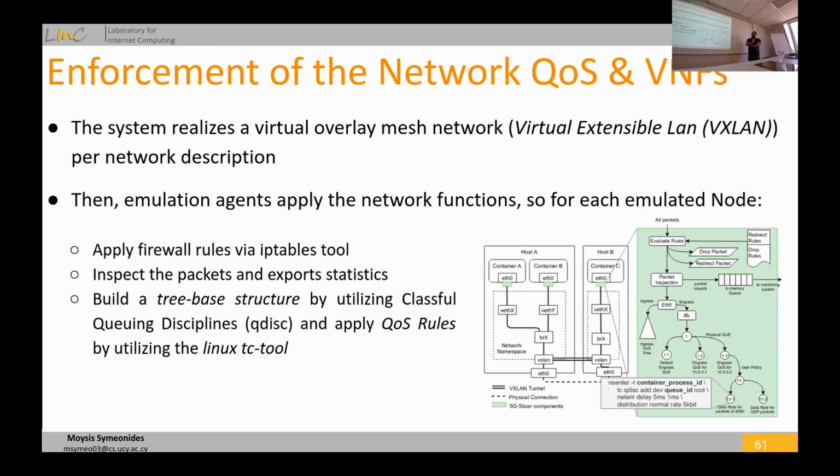Then it applies a packet-level monitoring module in order to extract statistics at the packet level, and then creates a tree-based structure that shapes the network QoS. We utilize the Linux TC in order to create this structure, and we apply the final rules at the leaves of this tree.